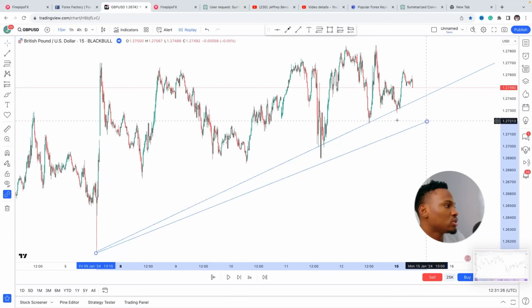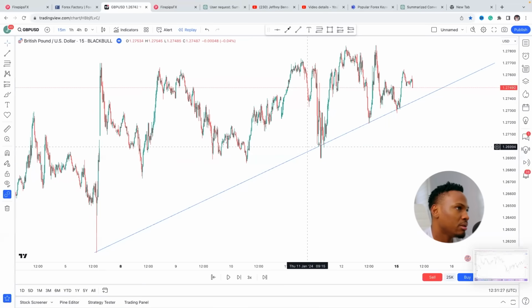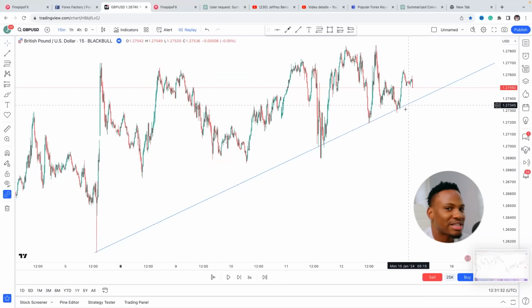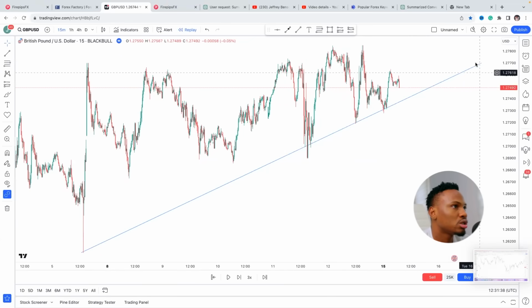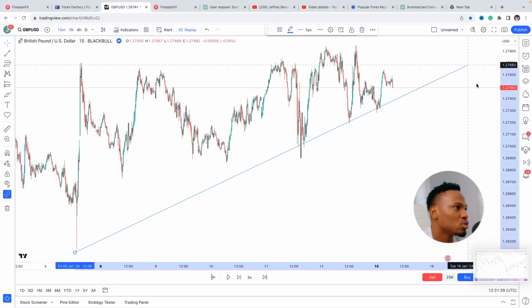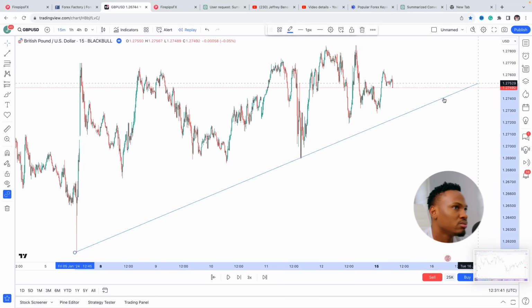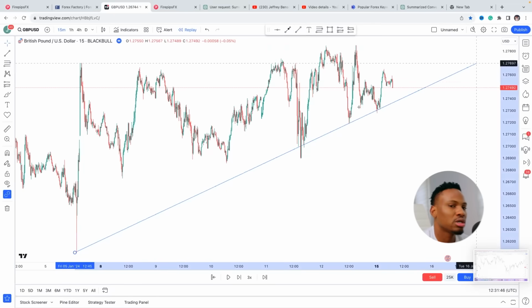For example, we made it cut across the body here, but right here it's touching the wick, and right here it's also touching the wick. What matters most is the number of places it's touching. So it makes more sense to have it touch this level than to just touch this wick while not respecting this level. It's better we take it to this point so that it touches more levels. The more levels, the better.